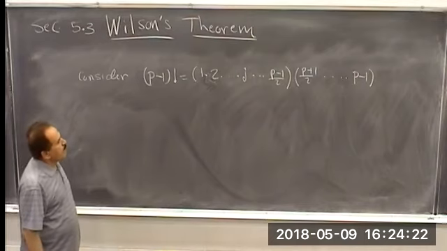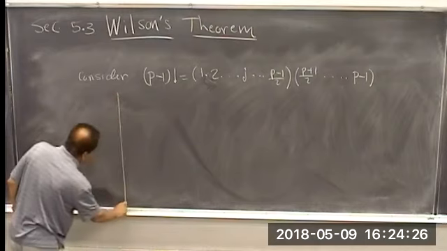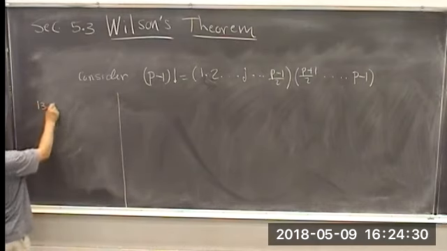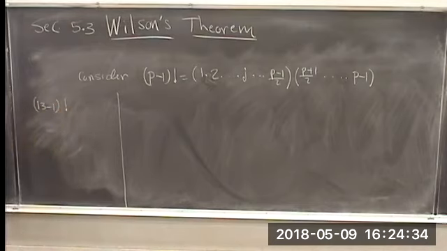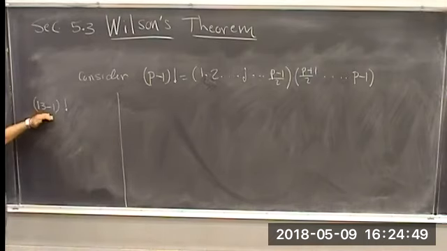Now let's consider an example. If we take p equal to 13, there are 11 numbers in here, and the middle one, which is (p minus 1) over 2, is going to be 6, right?